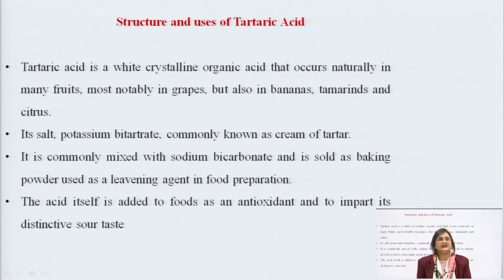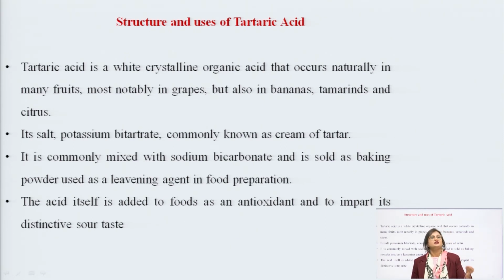It is used as a leavening agent in food preparation. The acid itself is added to food as an antioxidant and to impart a distinctive sour taste. So, what are the various uses of tartaric acid?